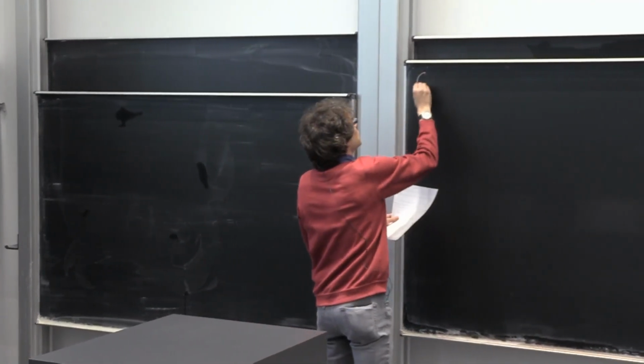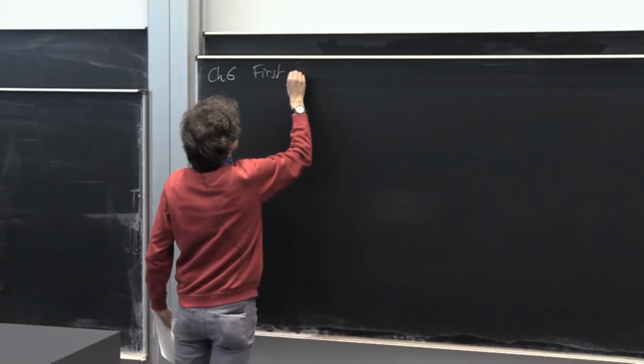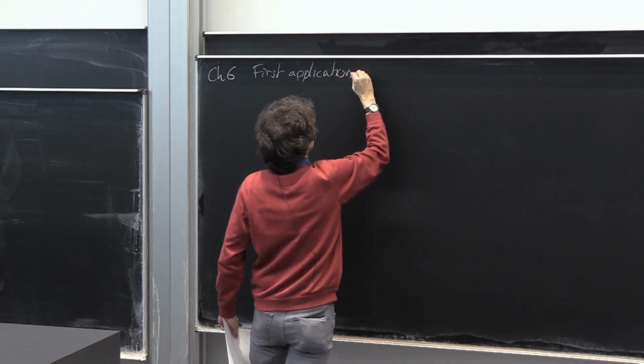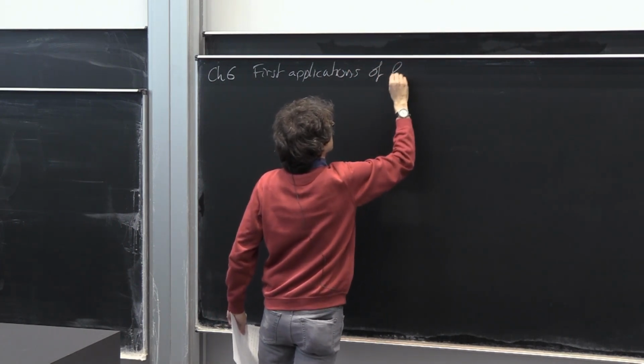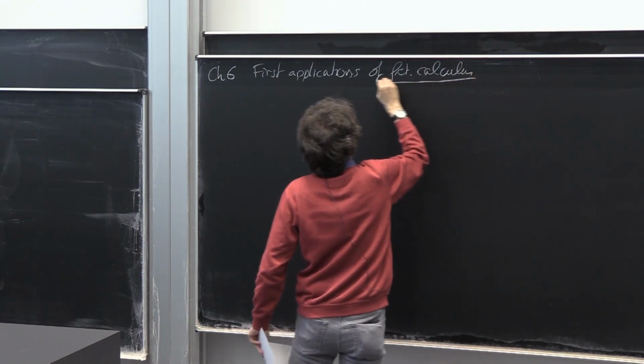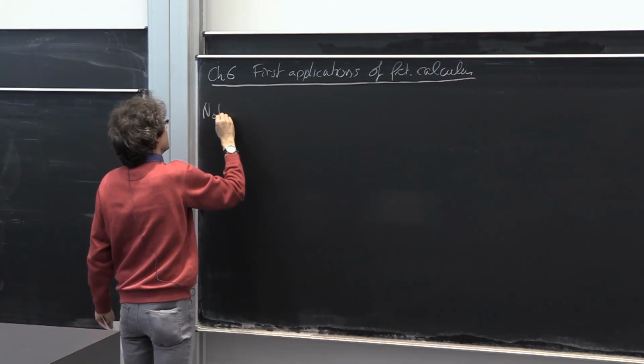So chapter 6 is first applications of functional calculus. As usual, the first point in the lectures is the standing notation.